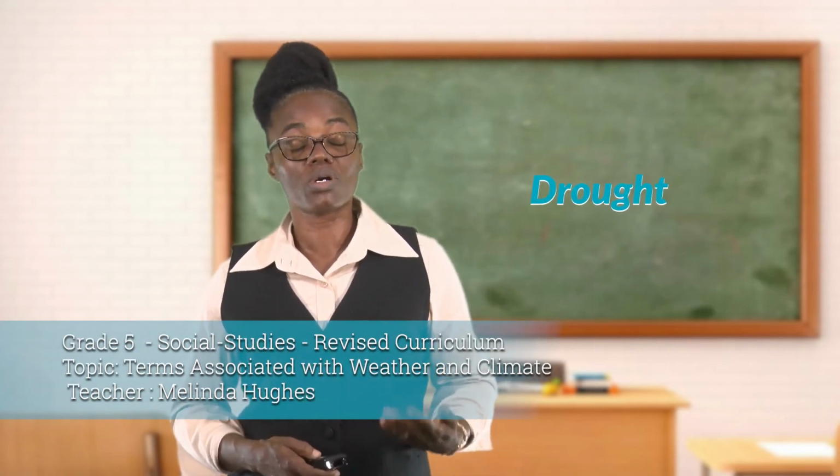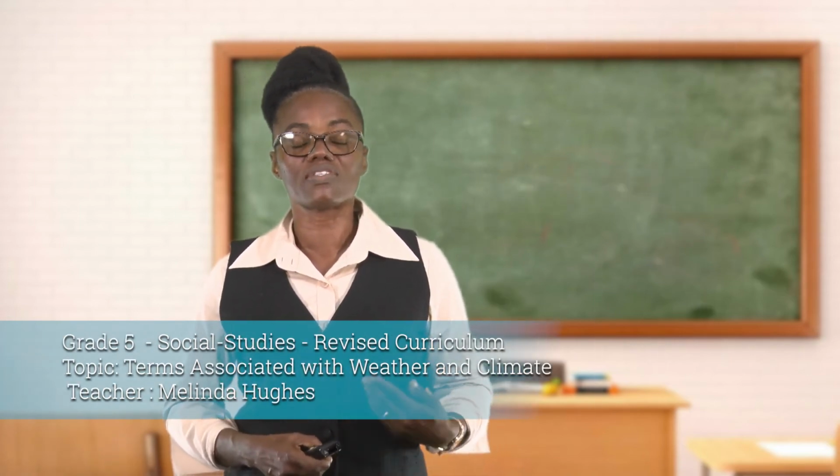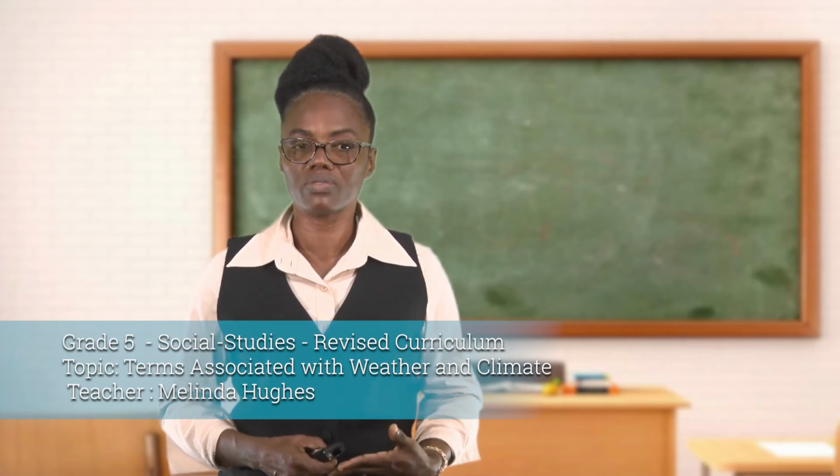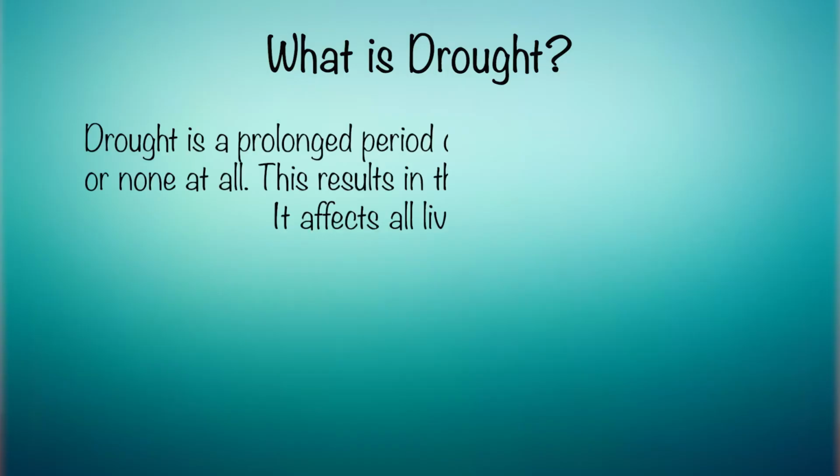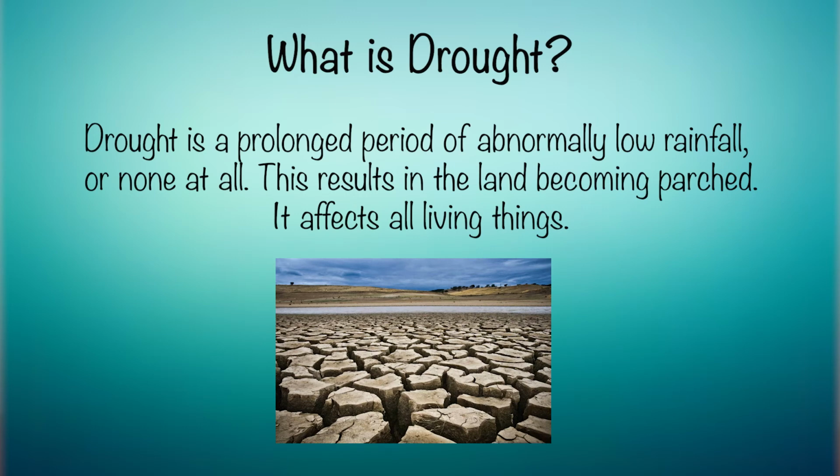Next, we will examine drought. Drought is another term that is associated with weather. What is drought? I am certain some of you are shouting or you are repeating. Drought refers to a prolonged period of abnormally low rainfall, or drought simply means no rain at all for a long period of time.